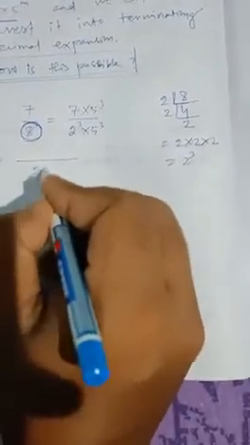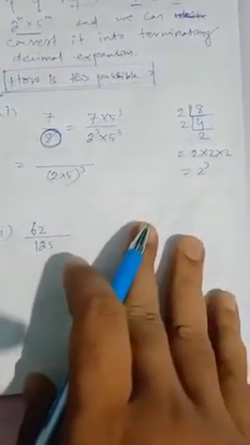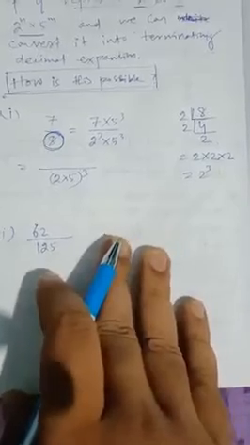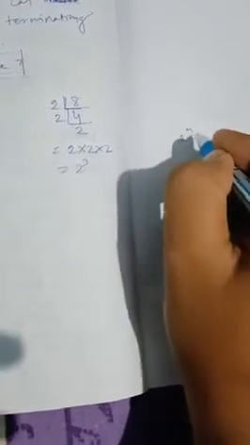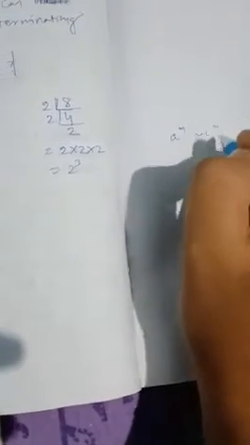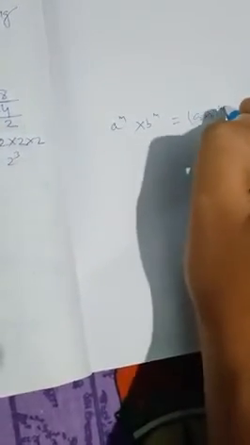It will be 2 into 5 whole cube, because as you know from the laws of exponents, if it is a to the power m into b to the power m, then it will be a into b whole power m.